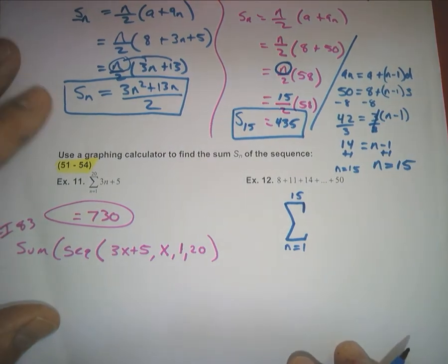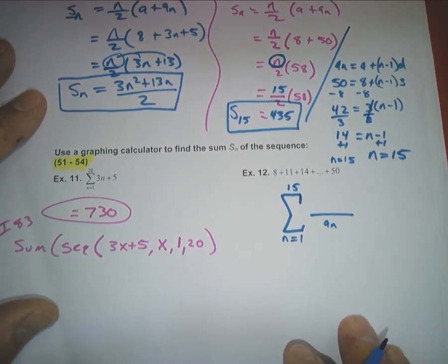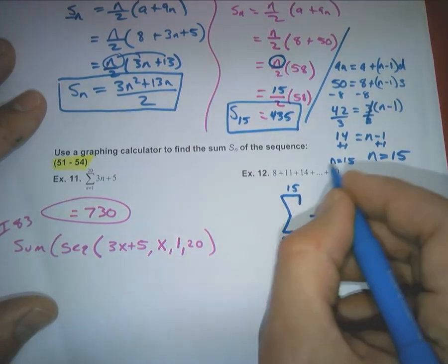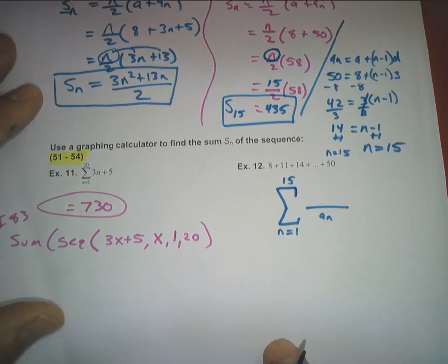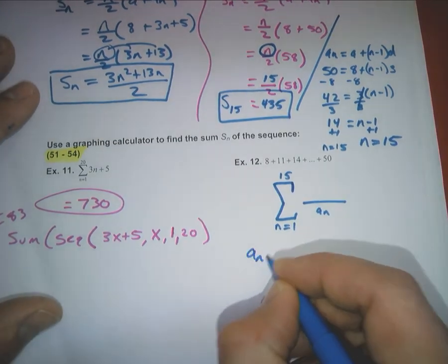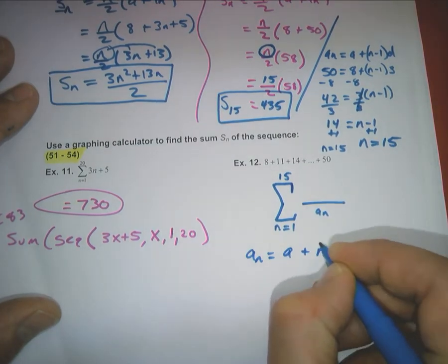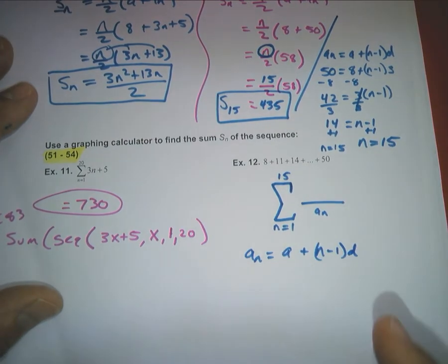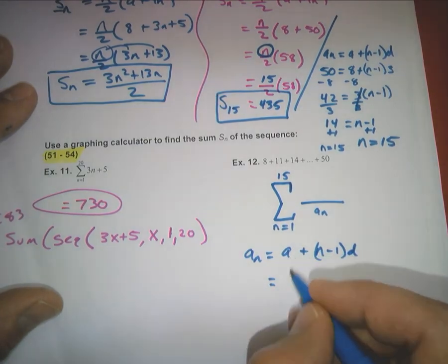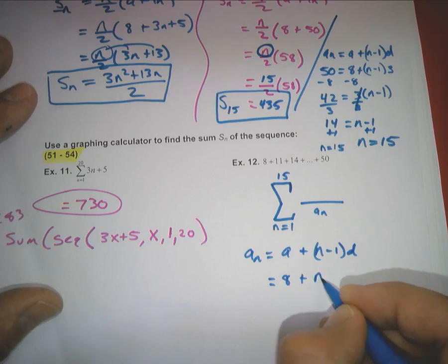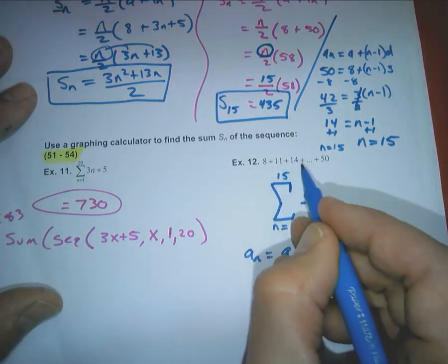Okay. Well, here I need to know what a sub n is. I got to know what's my sequence if I'm using my calculator like this. Okay, so that's where I would go off to the side and I go, okay, a sub n equals a plus n minus 1 times d. And then I go, okay, a, my first term is 8, n is n, and my difference, this thing keeps going up by 3.